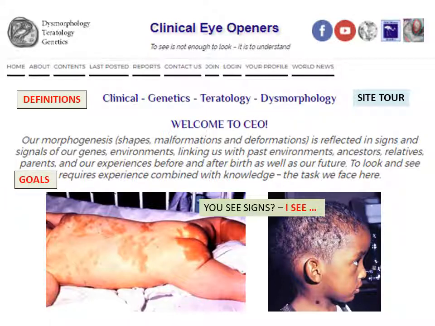The goal, you can stop the motion and read at leisure or visit our website, but in a few words, the goal is to enhance the clinical eye of clinicians to recognize developmental disorders in order to speed up the diagnosis and avoid false interpretation of meaningless laboratory testing.